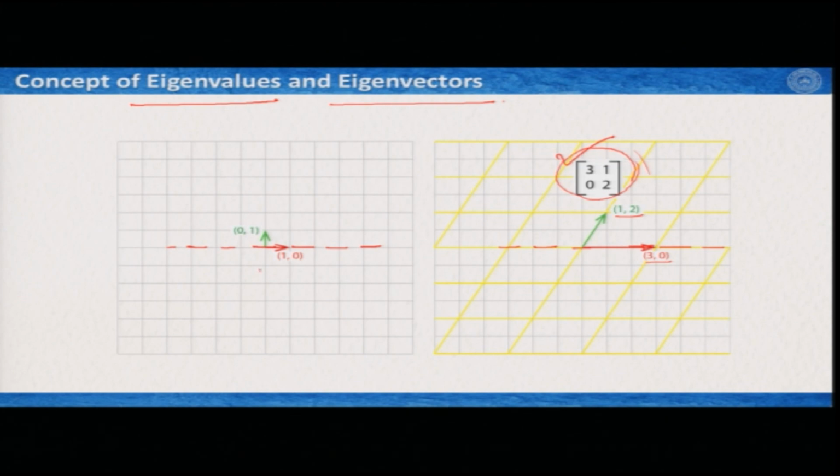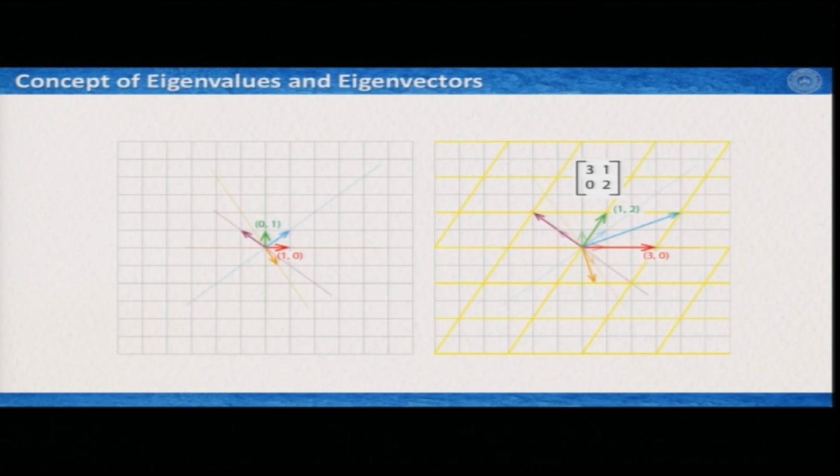But this green vector, if I consider the span here like this, it was here, but after the application of this deformation matrix, this span of this green vector has rotated from its previous position.